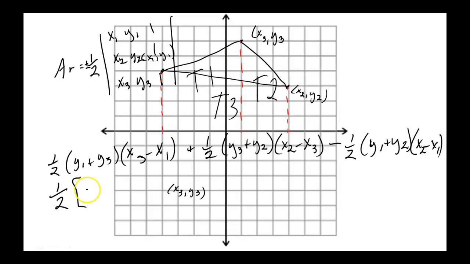This would be x3 y1 minus x1 y1 plus x3 y3 minus x1 y3, right?